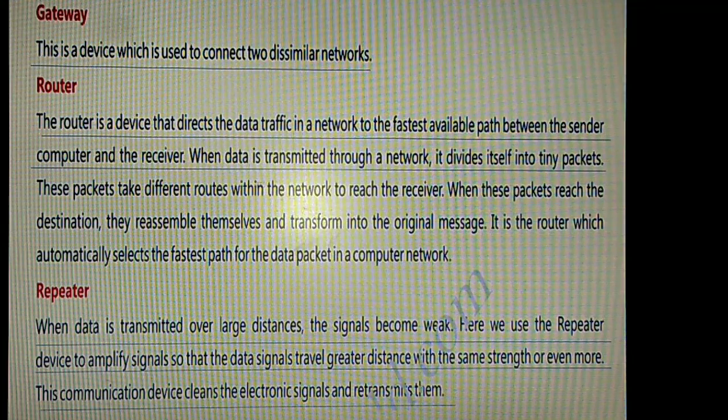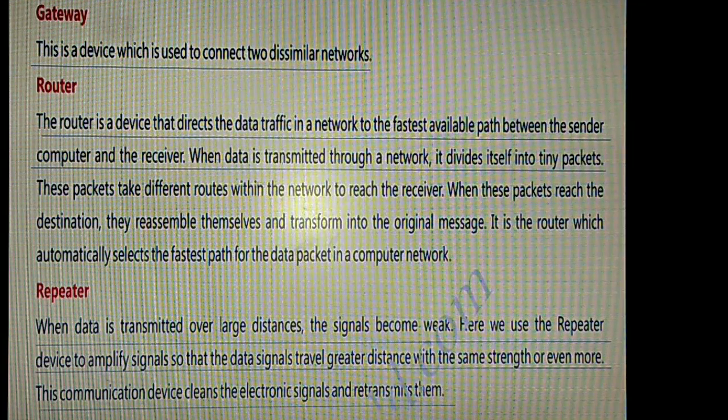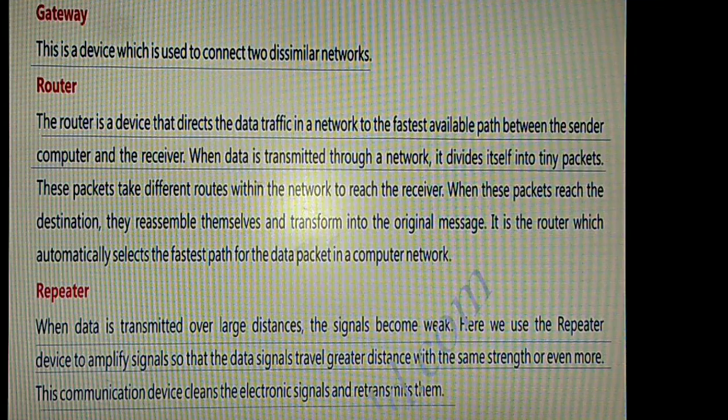When the data is transmitted through a network, it divides itself into tiny packets.